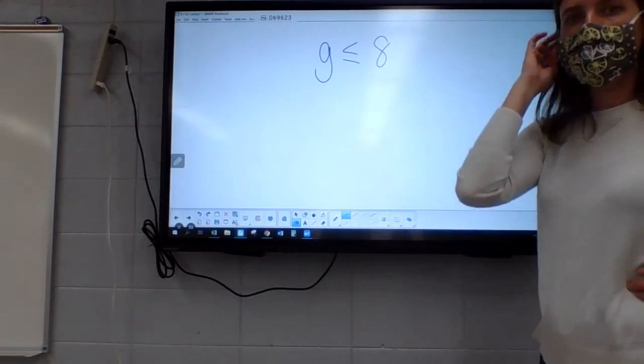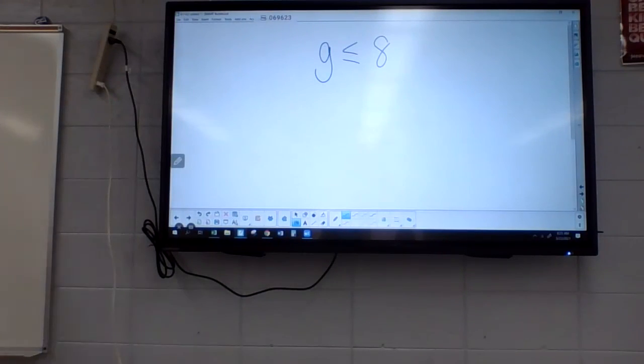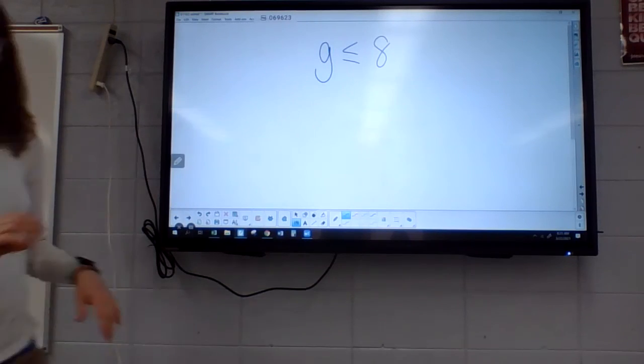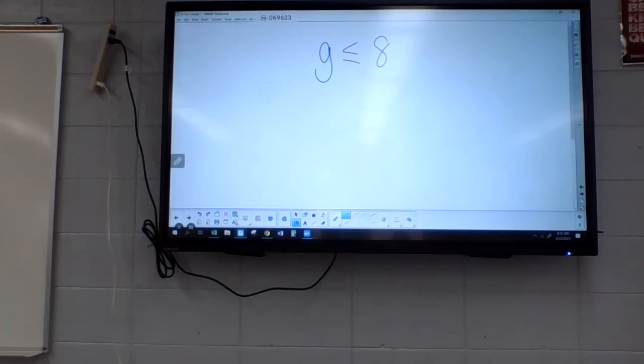So g is less than or equal to 8. Fill it in, because it has the equal to.